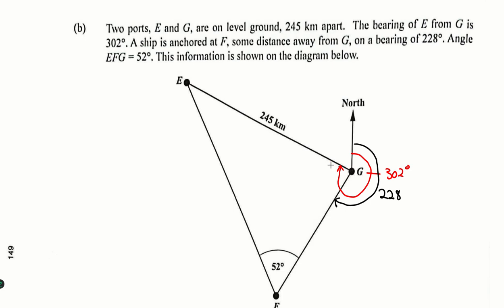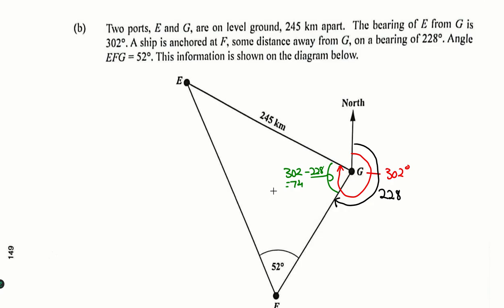We can see that angle G here would be the difference between 302 and 228. 302 minus 228 is 74. So this angle here is 74.